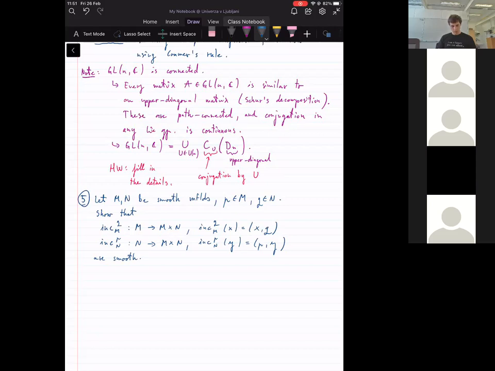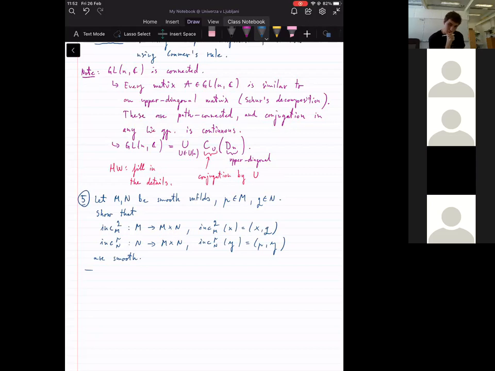How are we going to do that? Do you have an idea? Well, one of them is an identity and the other is a constant, something like that. And a constant function is smooth, so trivially.